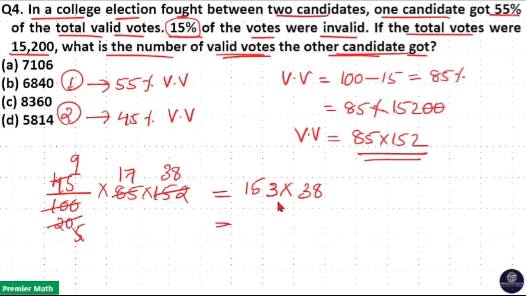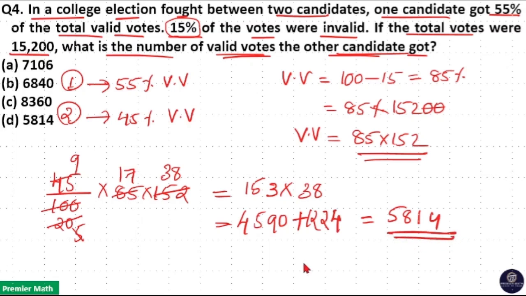Now 3 into 3 9s, 3 into 5 15, 3 into 1 plus 1 4, 0 plus 8 into 3 24, 2 carry over, 8 into 5 40 plus 2 42, 4 carry over, 8 into 1 8 plus 4 12. So which is equal to 4, 9 plus 2 11, 5 plus 2 plus 1 8, 4 plus 1 5. So 5814. Option D is your answer.